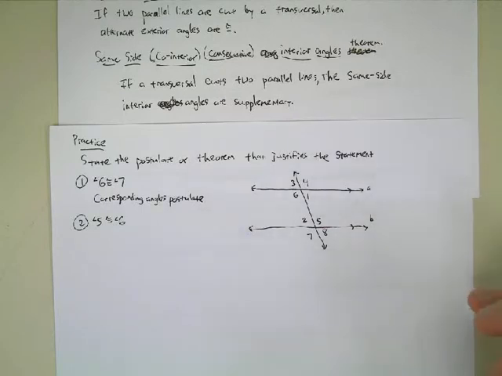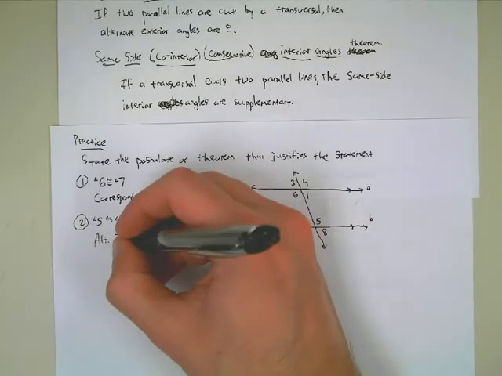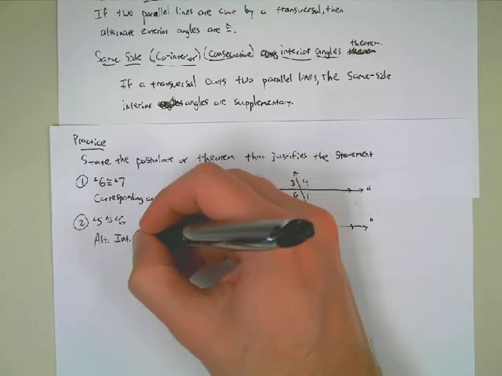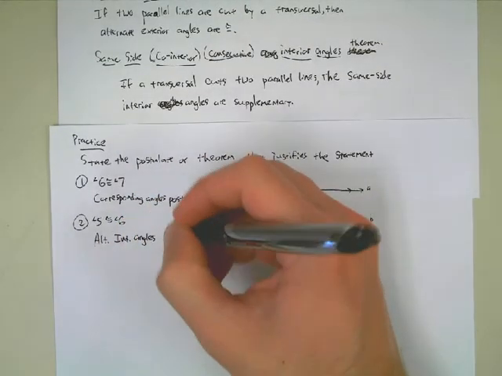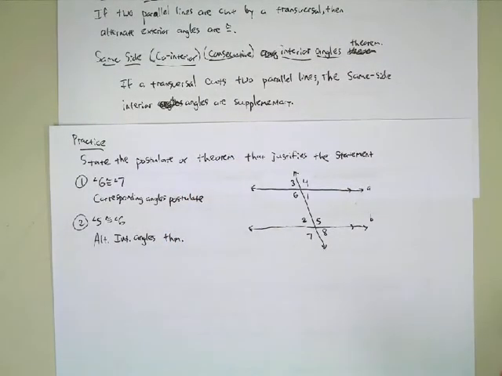Exactly. And you can abbreviate too if you want to here. So I'm just going to put alt int angles theorem. You can abbreviate theorem, THM. That saves you a little bit of time, right? Makes it a little bit easier.